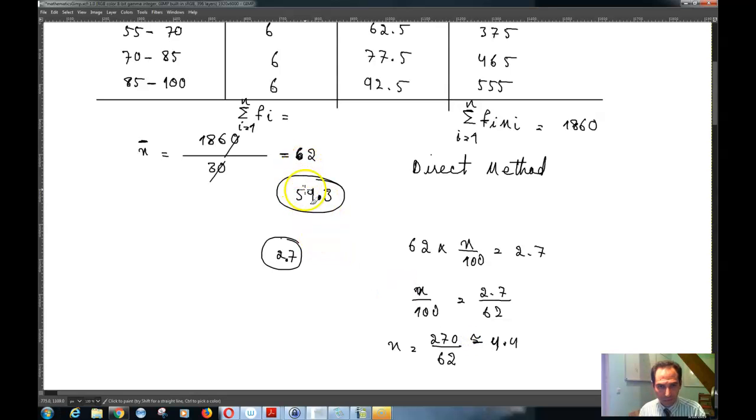So the difference of this number from the original value is 2.7, and 2.7 is about 4.4% of 62. That is how the value using the direct method is different from the original value.